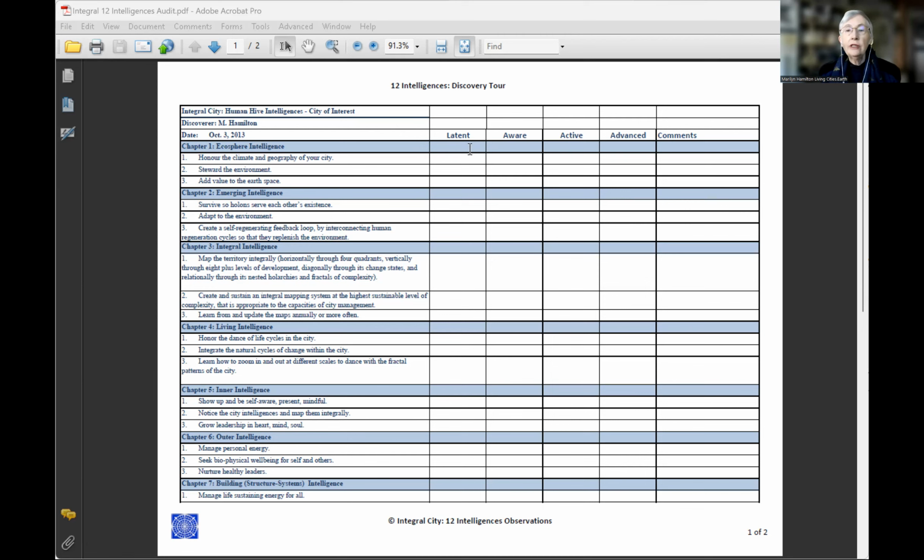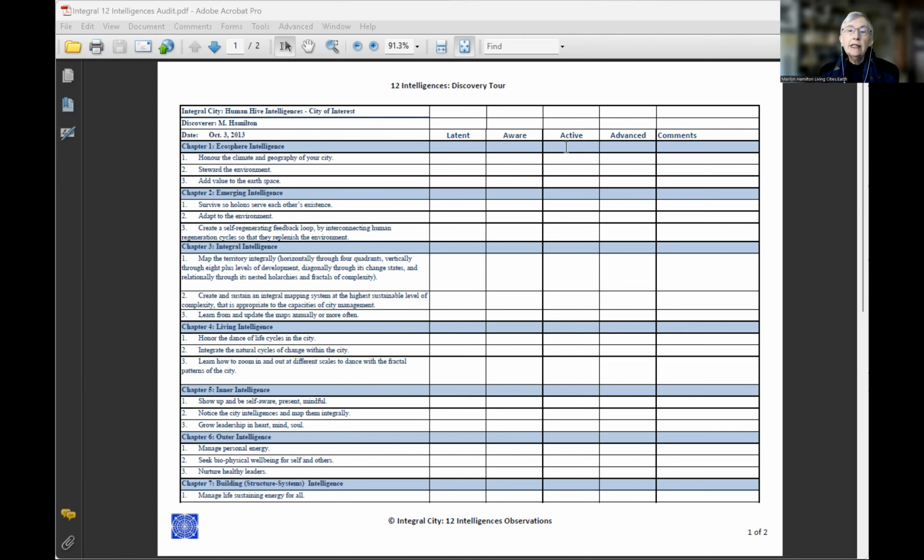Each intelligence is given the opportunity to be described as latent, meaning it's an intelligence that would be in the system but not expressed. You could also describe the intelligence as one that the city itself, through people, is aware that it has.